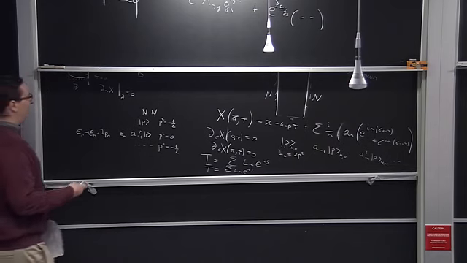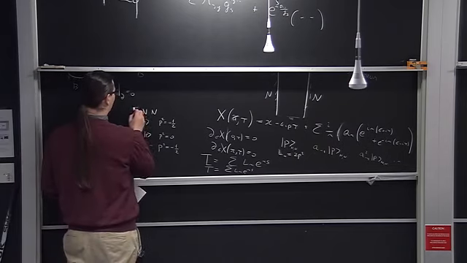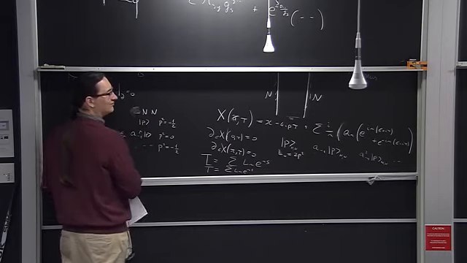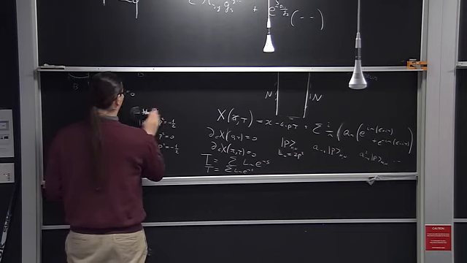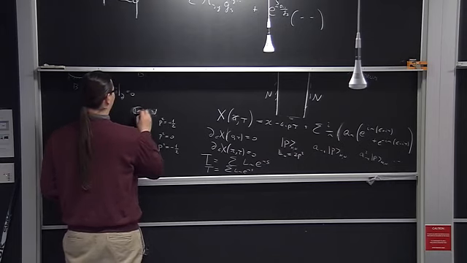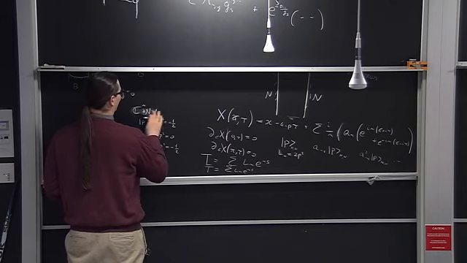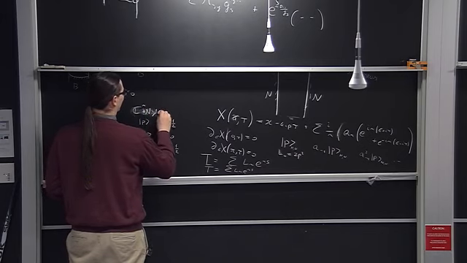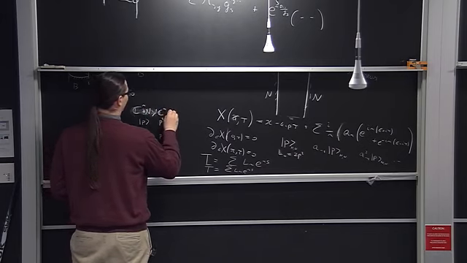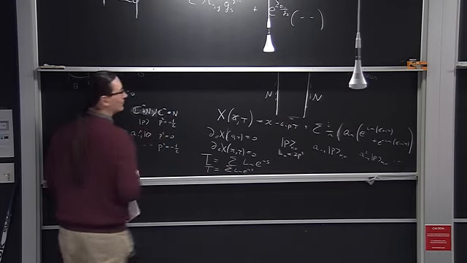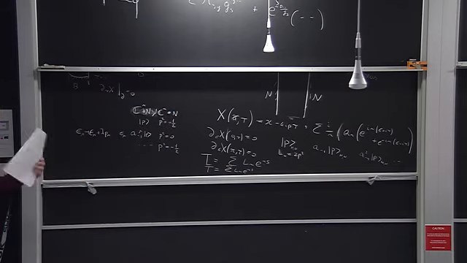But now, suppose I have a direct sum of Neumann boundary conditions. n copies of the Neumann boundary condition on one side, and n copies of the Neumann boundary condition on the other. So I put n space-filling D-branes.